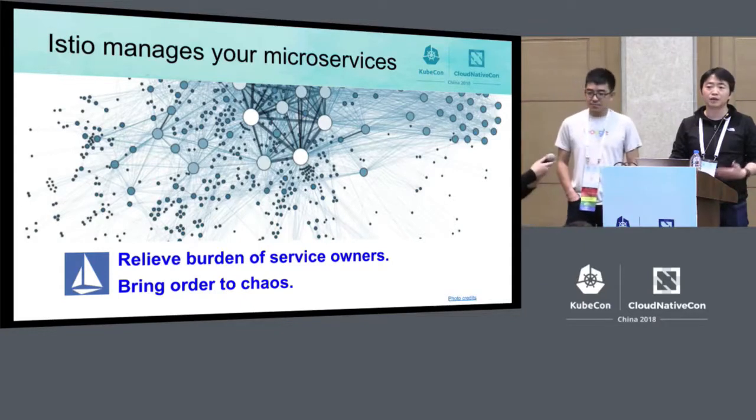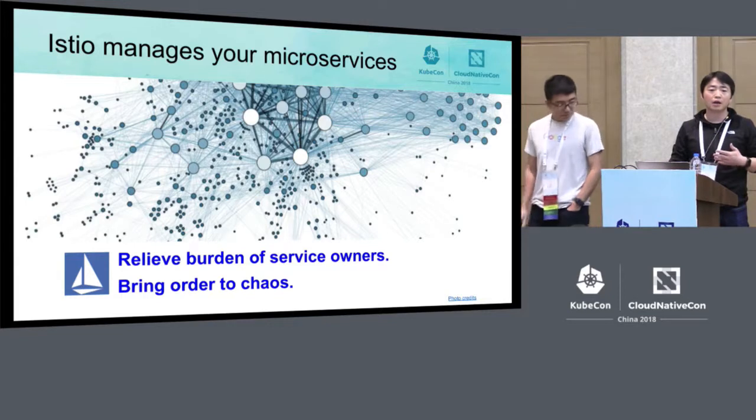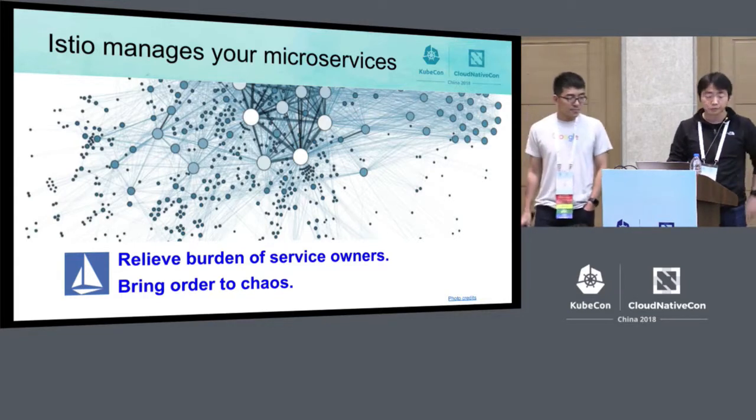Nowadays, a company may have tons of services, and these services typically depend on each other. They call each other, and the service owners need to manage them: for example, to manage their security, manage their traffic, collect and display telemetry data, and control quotas. There is a lot of management to do.